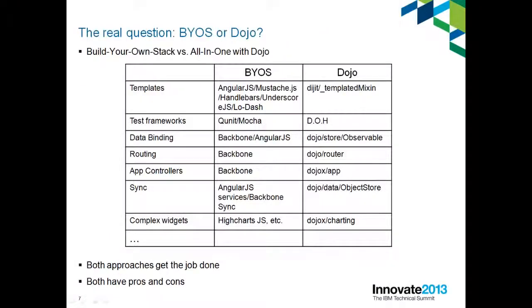But for an enterprise-level architecture, you need a templating system, you need a test framework, you need MVC, you need data binding, you need routing. All these architecture layers you can't get with jQuery. You have to find other JavaScript libraries that can work with jQuery. Essentially, you end up with a stack that you built yourself. That's what I meant by BYOS, build your own stack.